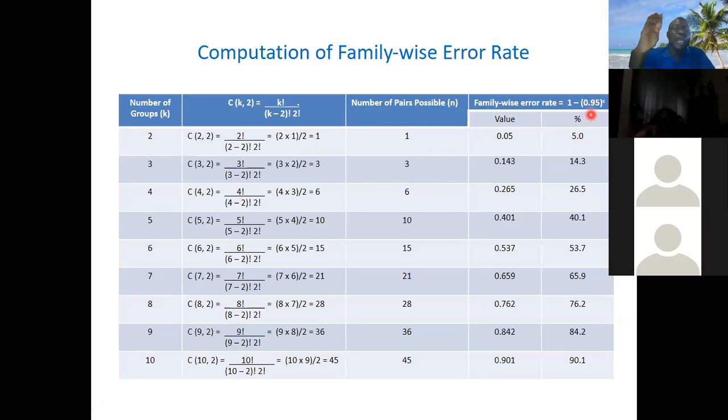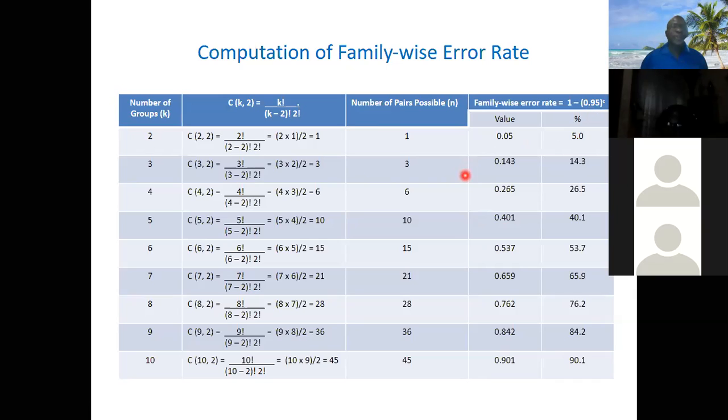That is the probability of committing type 1 error. The probability of not committing type 1 error will be 95%. That is your level of confidence, 0.95.